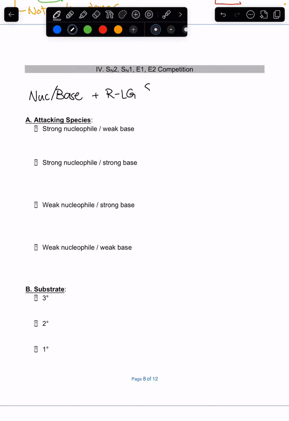Now, other factors that could matter that we've discussed, of course, is solvent. And then, of course, the temperature matters, and then you get to the product. So the idea here is that we want to be able to predict this.